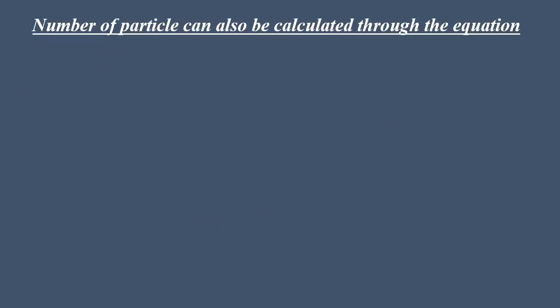Let's have number of particles. Number of particles can be calculated by multiplying capital N, which is your Avogadro's number, by small n, which is your number of moles. A particle can be an atom.